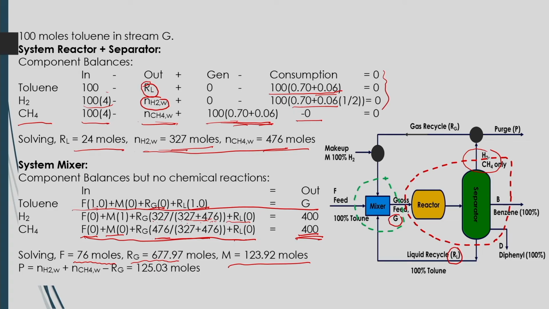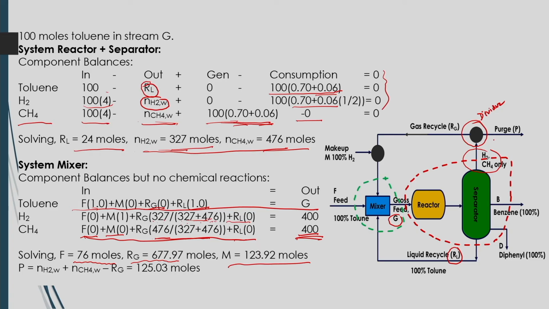Again we have to find out what the purge should be. Now, for the purge, we do the material balance over the divider. The total amount of purge will be the mixture of methane and hydrogen coming from the separator into this divider, minus the amount of gas recycled to the mixer.